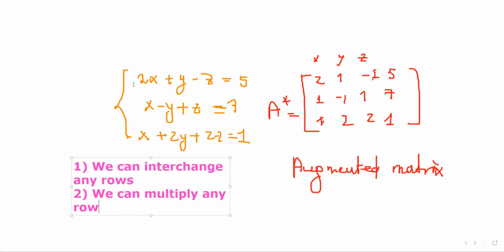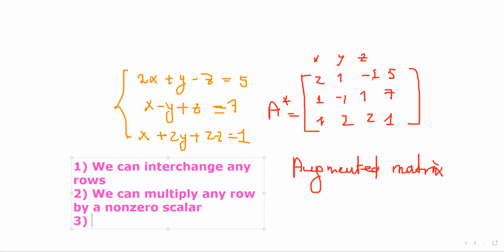The first row represents the first equation, the second row the second equation, and so on. When we change the equations, the augmented matrix automatically changes. So we can multiply any row by a non-zero scalar. Why non-zero? Because multiplying both sides by zero changes the essence of the equation dramatically, and we can get a new system of a different nature.